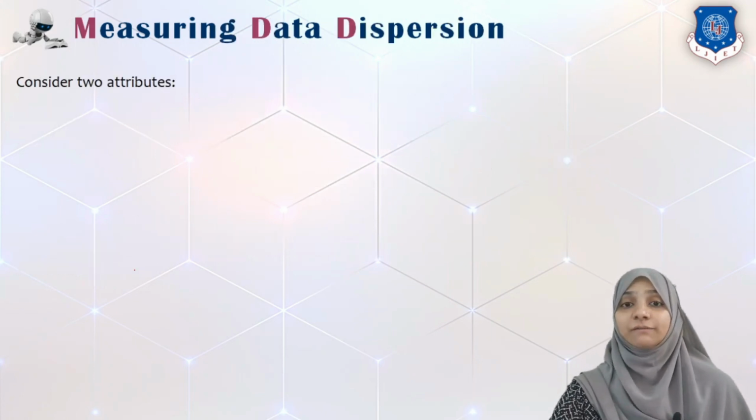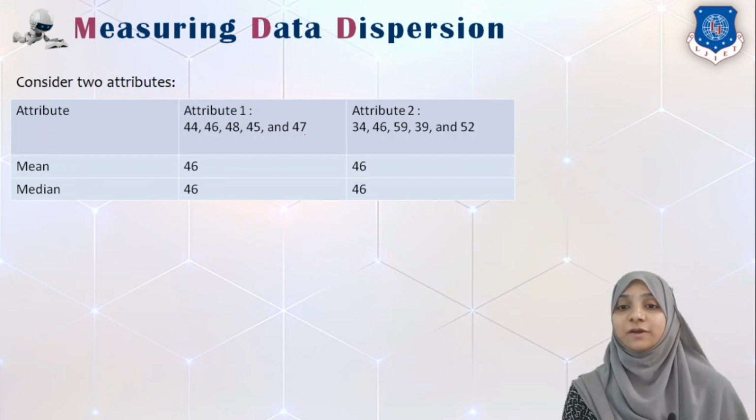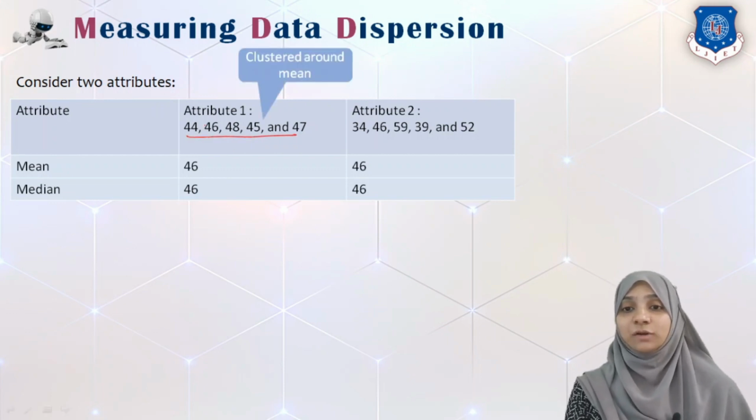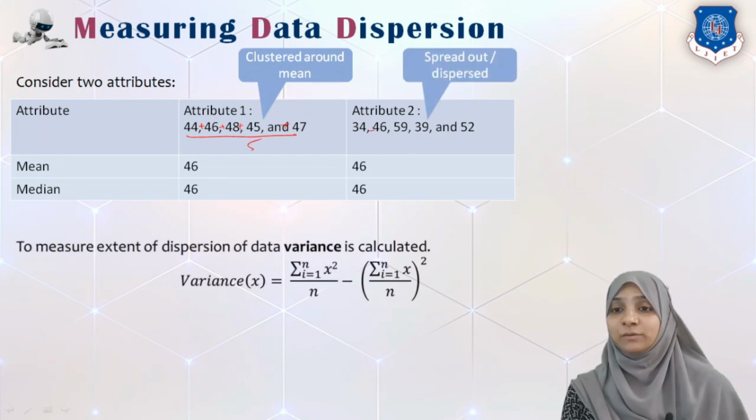Now consider we have two attributes. Attribute 1 is 44, 46, 48, 45 and 47. The mean is the addition of all these values divided by 5. The mean of the other series is also the addition of its values divided by 5.